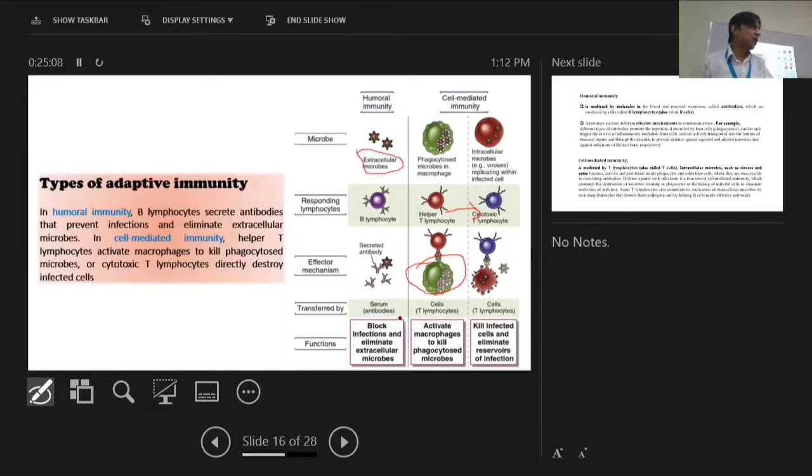But viruses are very small. It is very difficult to identify the virus. So our body developed a way: instead of identifying the virus, how about identifying the infected cells? That way infected cells are killed, they will not contribute to spreading the infection, and that is how we might be able to finish the virus. That is one of the ways.